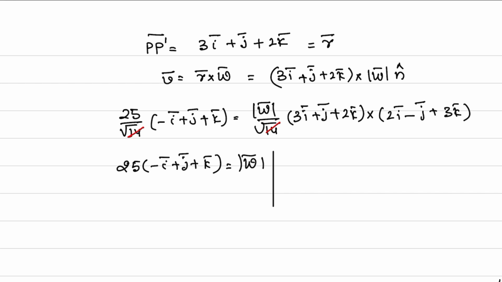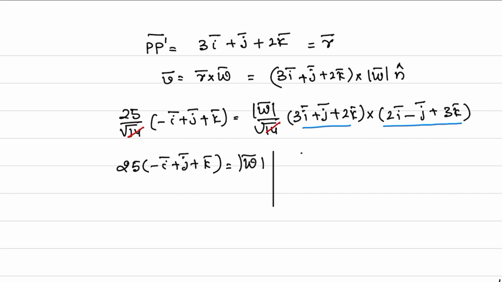the cross product of these two, unit vector and this one, r. R is there, unit vector is there. We have to cross multiply. What does it mean?